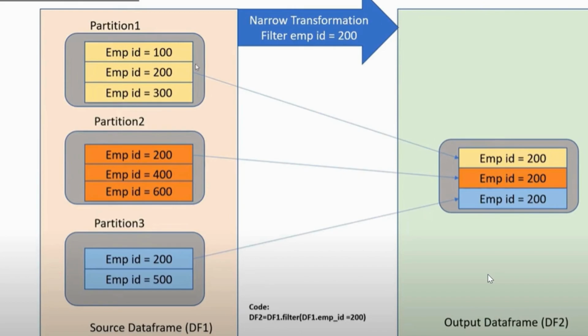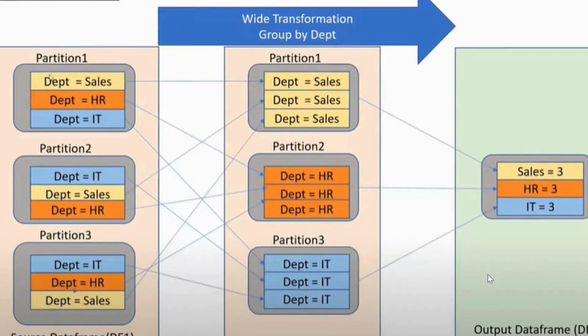Now let's see what is a wide transformation. Wide transformation means you need to go ahead and shuffle the data. How can you shuffle the data? Let's say you again have those 3 executors and each executor is having one partition and the data is on the basis of department. So there are 3 departments: sales, HR and IT, and each partition contains some data. So in one partition, it can have sales, HR. In the other partition, it could have sales, HR, and IT.